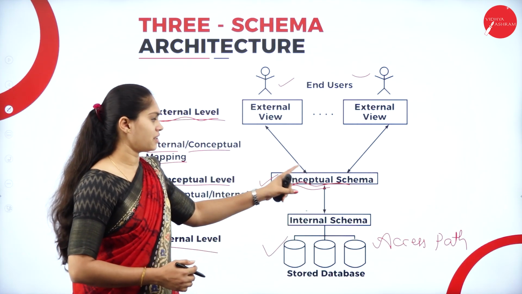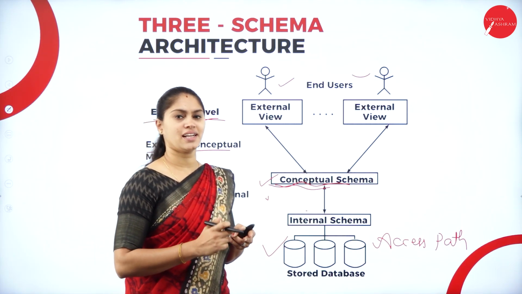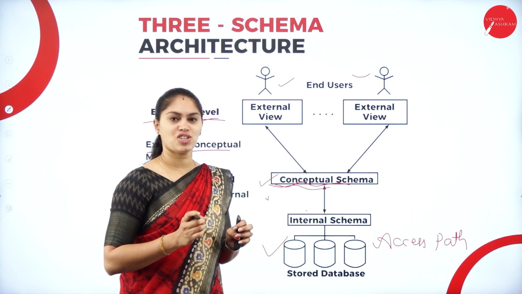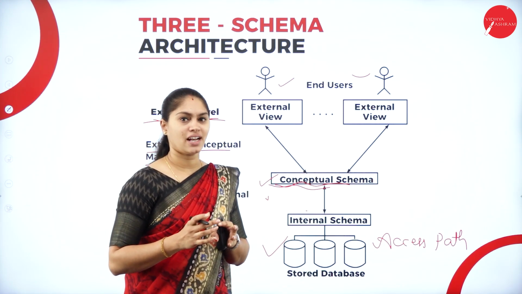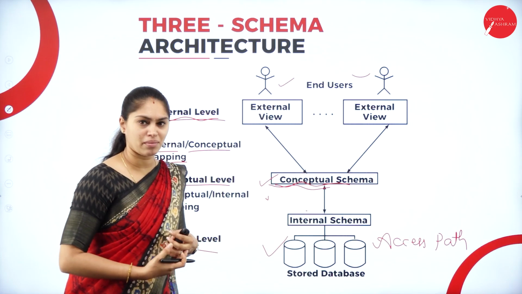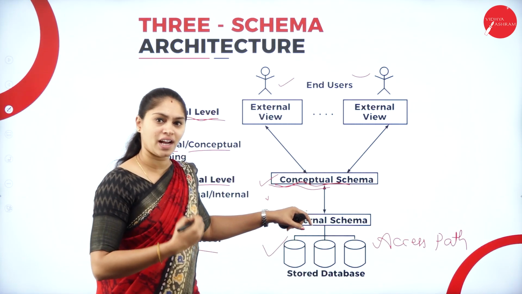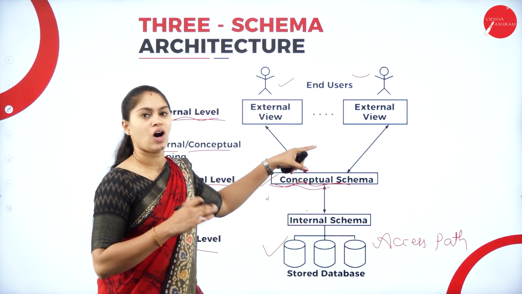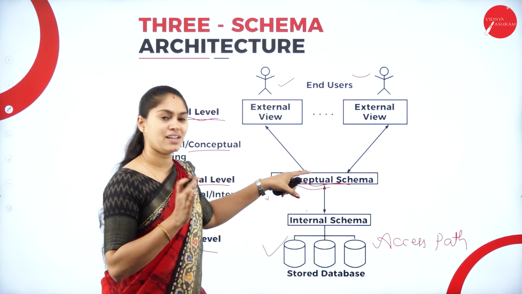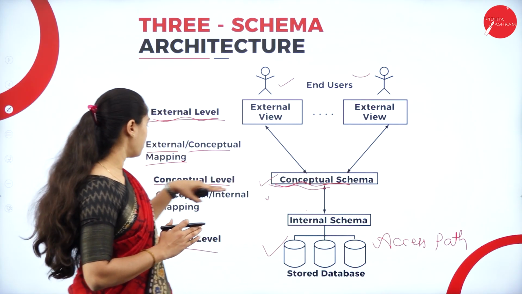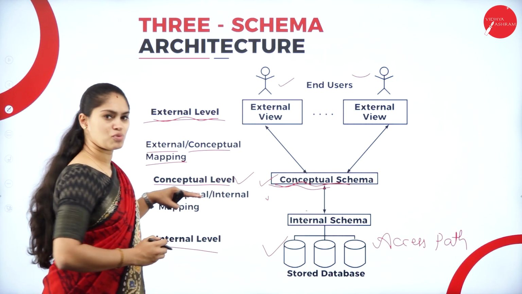As I told, in the conceptual schema we have entity relationships as well as attributes, and the relationship between one entity and another, how it is implemented, how data needs to be fetched from the database, and what kind of data needs to reach the end user. Everything is done at the second level called the conceptual schema, and we call that level the conceptual level.